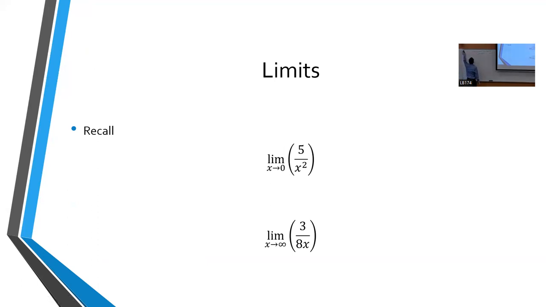So let's take a look at some basic limits to start out with. Let's take the limit of 5 over x squared as x gets closer and closer to 0. Now, if x gets closer and closer to 0, then in that fraction, 5 over x squared, the denominator is getting closer and closer to 0 all the time.